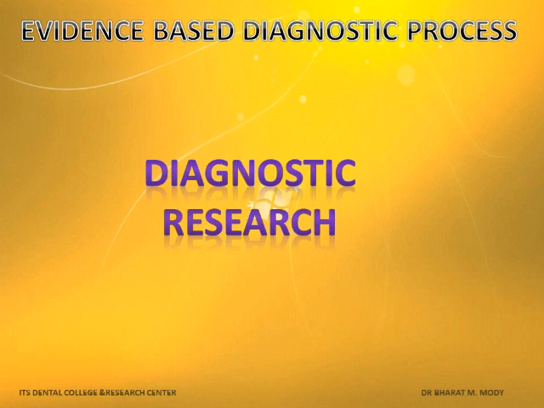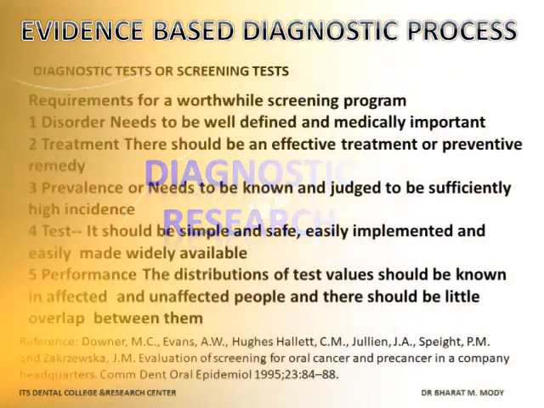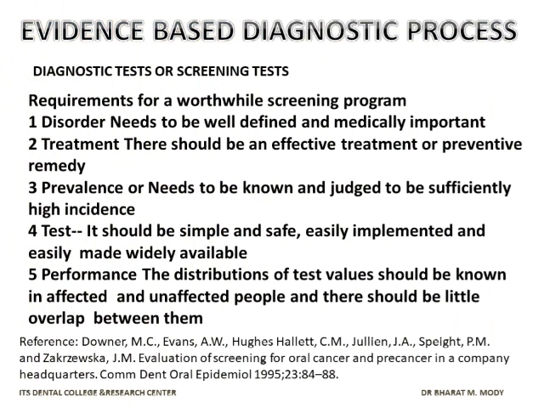Let us take diagnostic research, which needs to be looked into in a much different manner because you are doing a different kind of study. The requirements for a good screening test are: the disorder needs to be well defined and medically important. There should be an effective treatment or preventive measure. Prevalence needs to be known and judged sufficiently high.